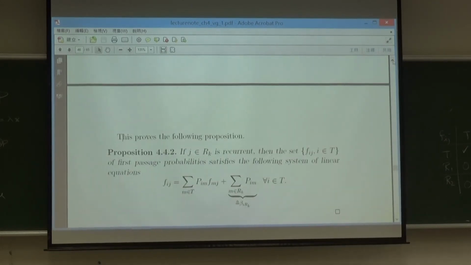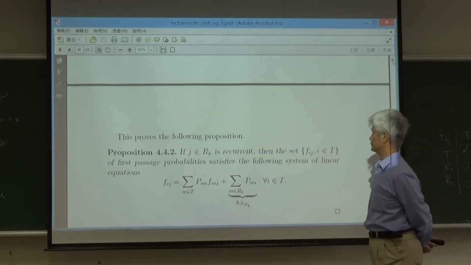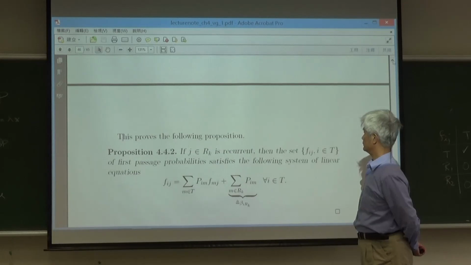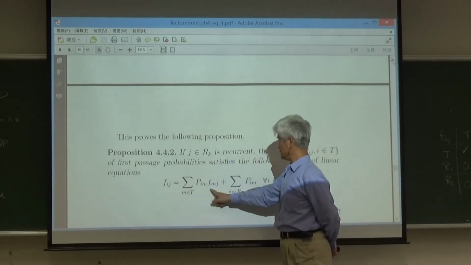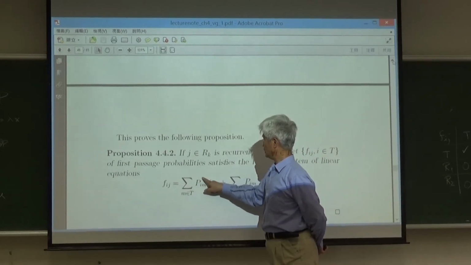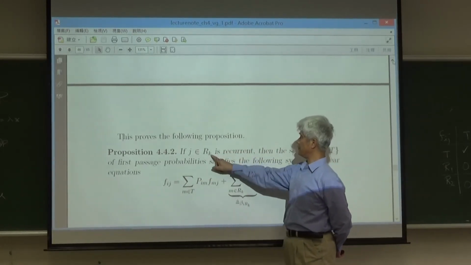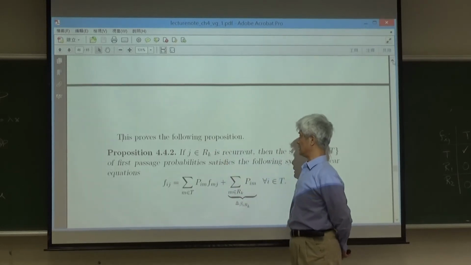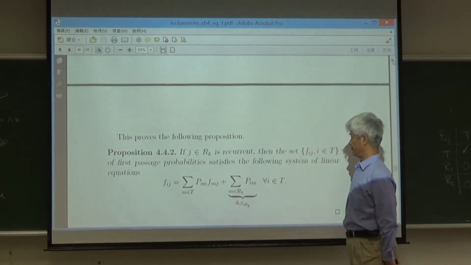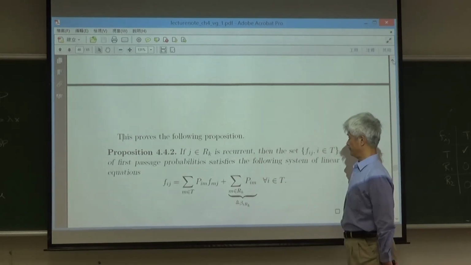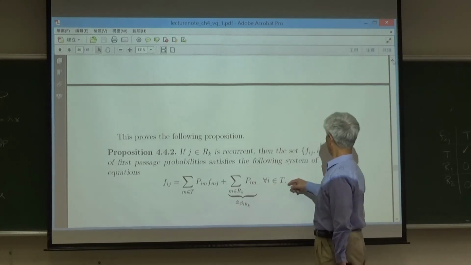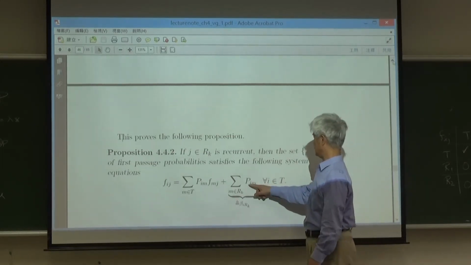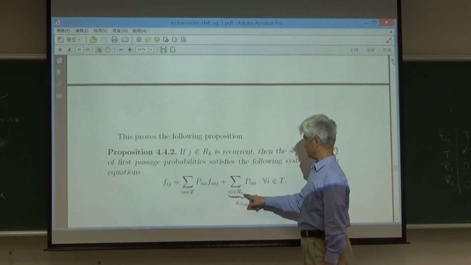Okay, and you see that this is a system of linear equations. All the coefficients do not depend on the state J in the recurrent class, right? For example, for the transient state I, you sum over all the M in the recurrent class.